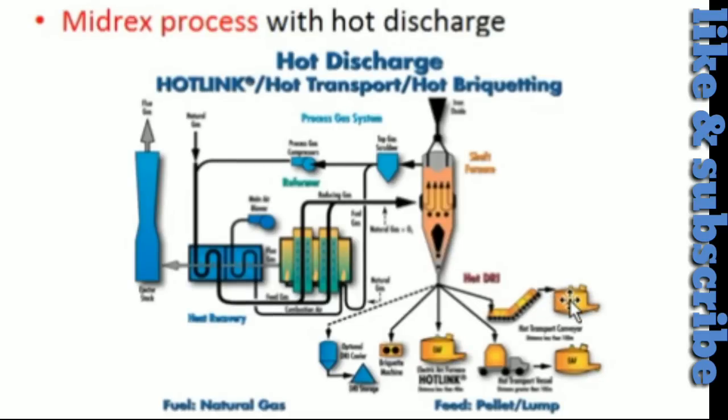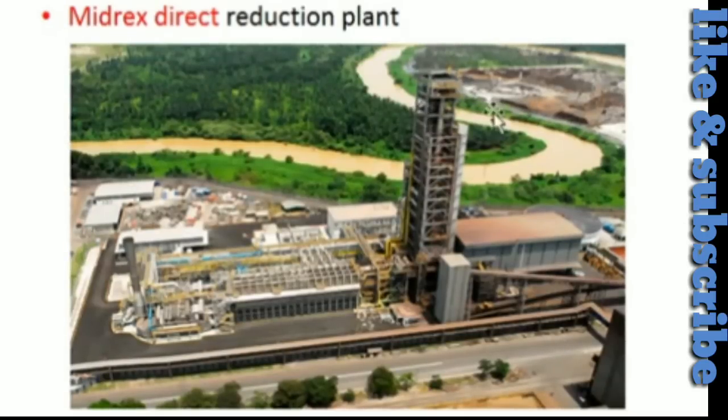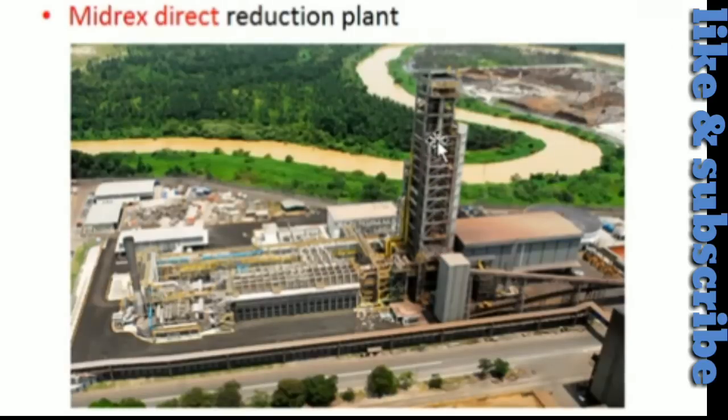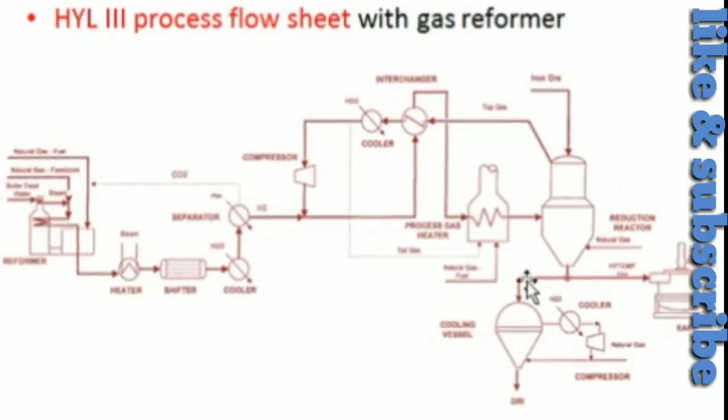It is transferred to EAF. This is a pictorial view of a Midrex DRI plant, where you see this is the building which is housing the reactor, which is the tallest unit in the plant. HYL process, the basic flow sheet is there.